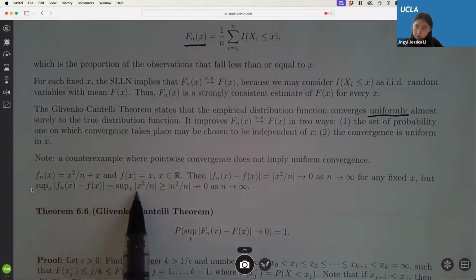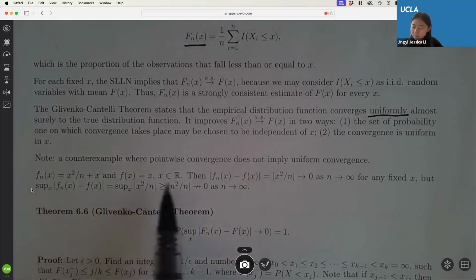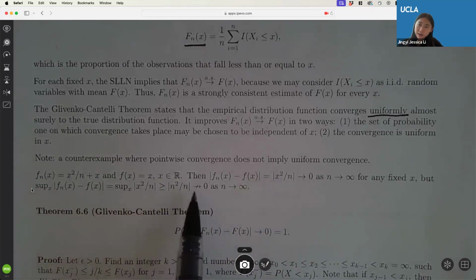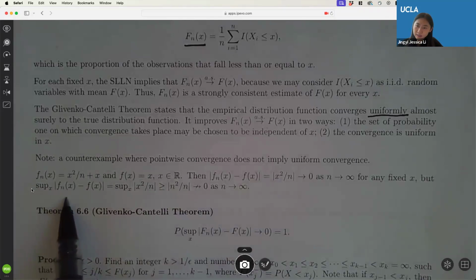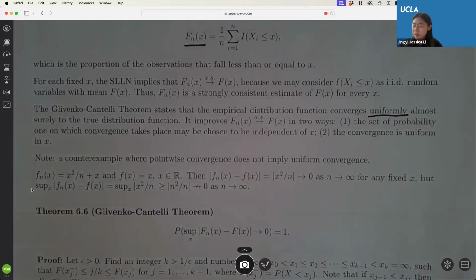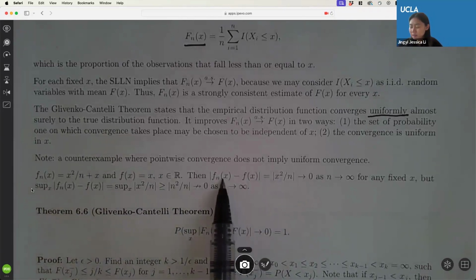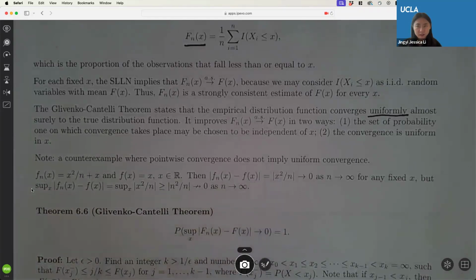Since x squared can be any value, we can take it as n squared. Then you will have divergence. So the sup over x of the difference doesn't converge, but the pointwise difference given a fixed x converges.